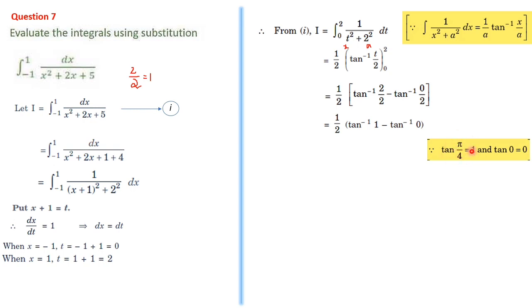Just taking tan to the right side means tan inverse 1 will be coming. Tan inverse 1 is pi by 4 and tan inverse 0 is 0. Let's substitute it: 1 by 2 into pi by 4 minus 0, which is pi by 4. So just multiply it, 1 into pi, 2 into 4, 8. 0 is gone. So pi by 8 is the answer.